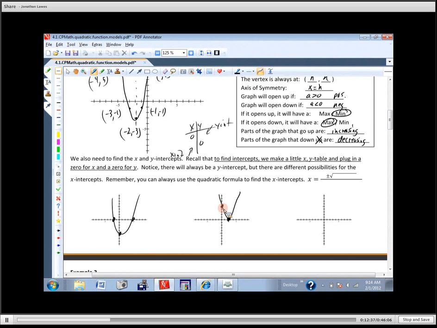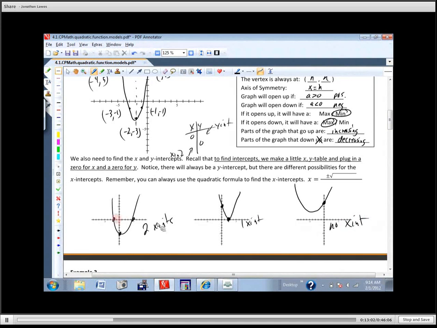No x-intercepts. It could do something like this. Okay, that could be our parabola. Okay, it's got a y-intercept, but it never comes down and crosses the x-axis. It doesn't even touch the x-axis. So this would be 2 x-intercepts. This would be 1 x-intercept, and this would be no x-intercepts.